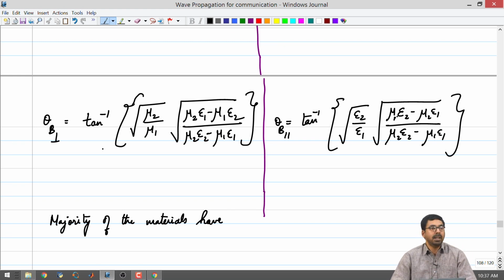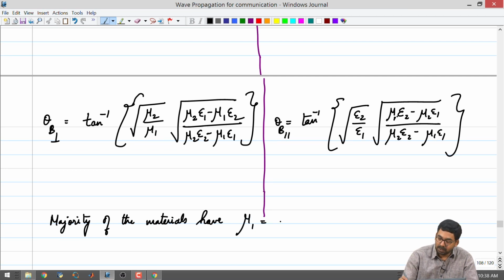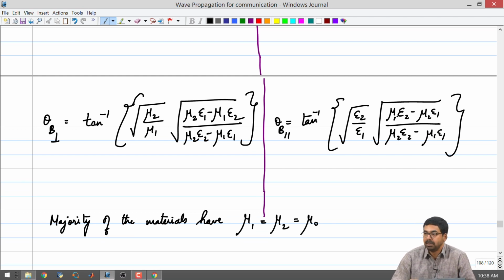But in case you want to make some other inferences which are more common than some other cases, you can say the majority of the materials have mu 1 equal to mu 2 equal to mu naught. That is, you do not have any magnetism related properties in these materials. So, vacuum permeability is the same as the material permeability, or mu r is equal to 1. It is very common for most of the dielectrics, and most of the metals also you will find that mu r is equal to 1.